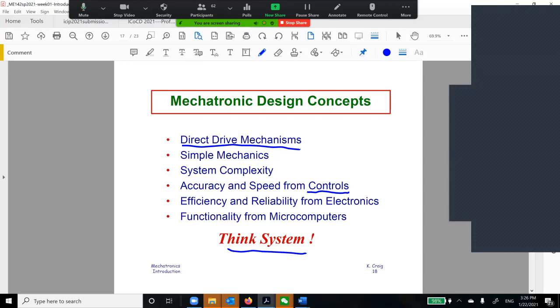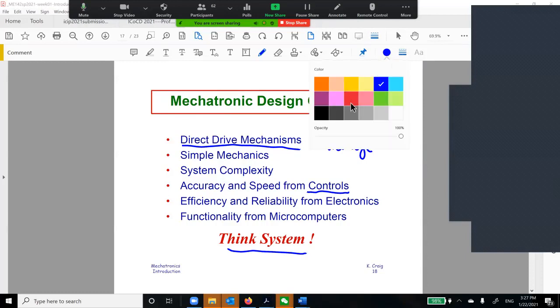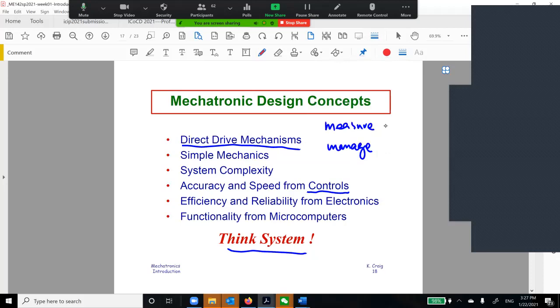Do you hear this term? If you cannot measure, you cannot manage. The same is true: if you cannot sense, you cannot control, okay?